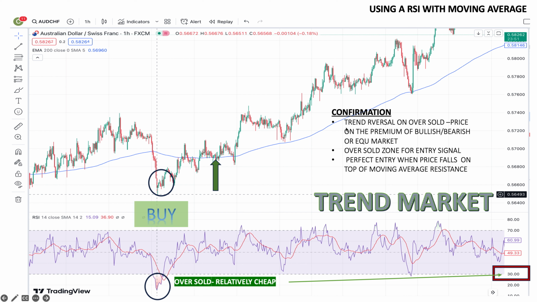And in order for you to get a confirmation, you have to wait for the price to go above the moving average and find a support on the moving average, and you can see that it's not going below the moving average. And when you find the support, then you can take a buy. So you'll be sure that when you get into the trade, you are safe, you wouldn't lose your money, you wouldn't be stopped out, and you're going to grind for a higher risk to reward ratio.